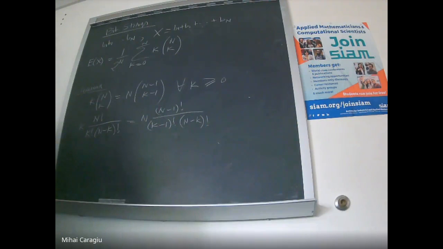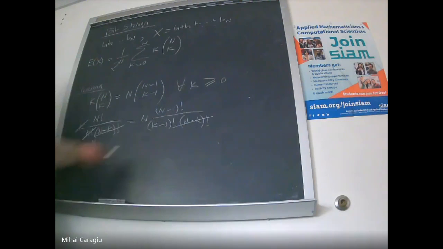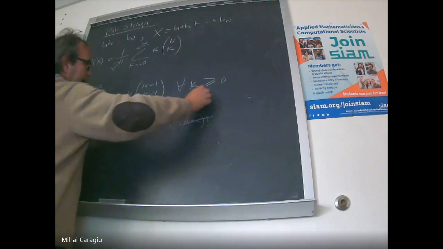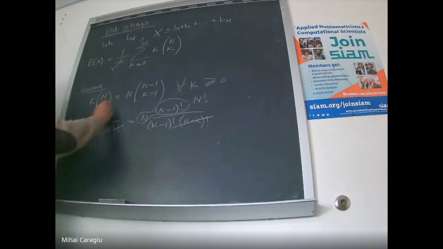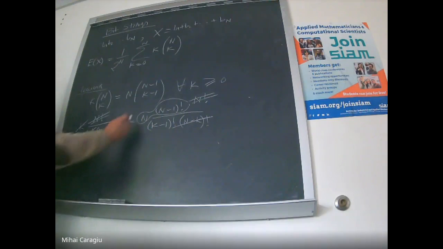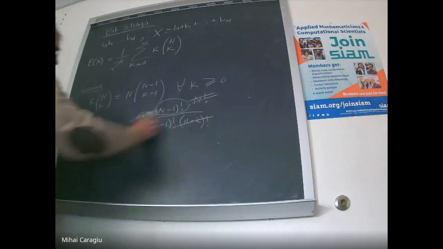And that will mean, well, k with k factorial is simplified, we get a k minus 1 factorial at the bottom. n minus k factorial with n minus k factorial will go. n with n minus 1 factorial, they go together, we get n factorial. n factorial with n factorial, they simplify. k minus 1 factorial with k minus 1 factorial, they simplify, and we are left with 1 equals 1, which means we validated the identity.